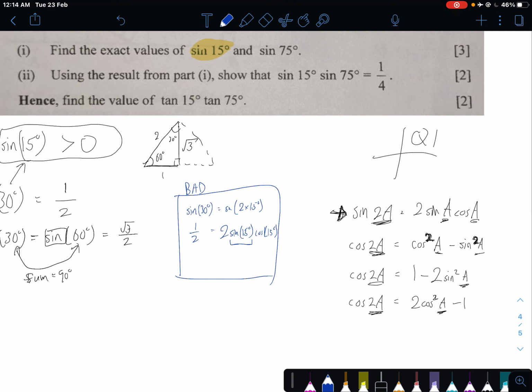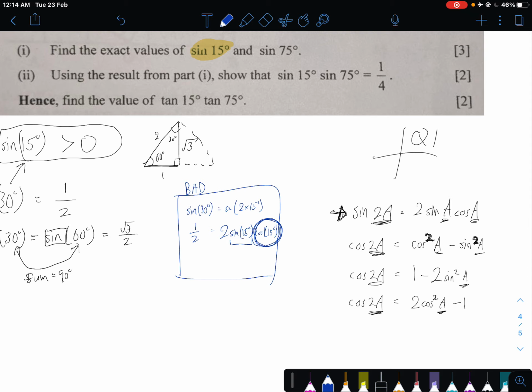However, there's a problem. The problem being cosine 15 degrees. Oh no, you cannot find the value of cosine 15 degrees. Why? It's just because we didn't teach you how to find it exactly.